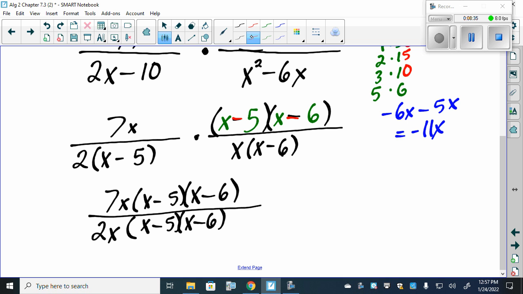Now we can cancel out what's in common on top and bottom. So x minus 6 and x minus 6. We'd also have the x minus 5 and x, which just leaves us with 7 over 2.